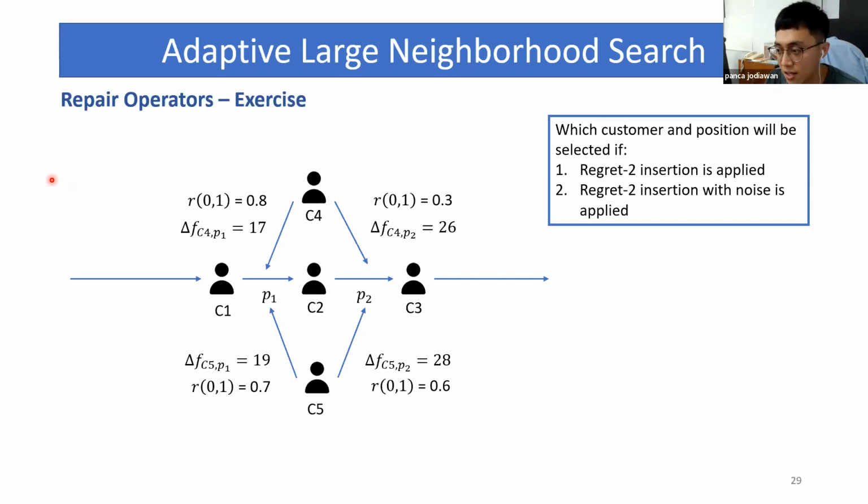Then you take the difference, 13.6 minus 7.8, so it's 5.8. This is C4.